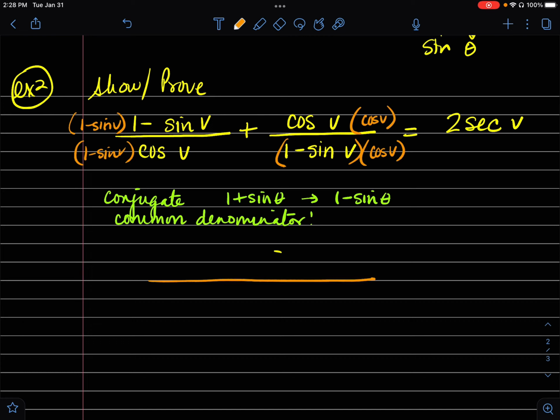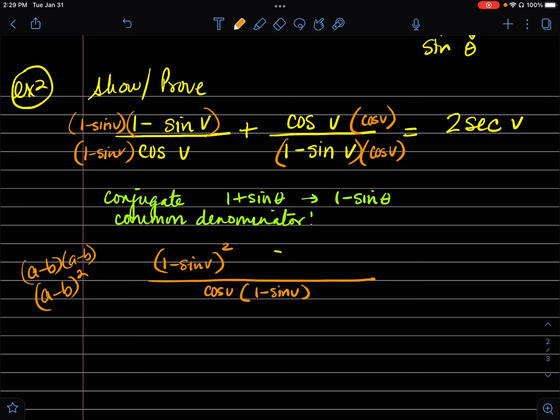Well, let's see what that gets me. For sure, that makes the denominator the same, so I have cosine v times 1 minus sine v. Sounds good. But then in the numerator here, we have 1 minus sine v whole squared. This is the one that's whole squared. It's more like a minus b times a minus b, which algebraically compares to a minus b whole squared.